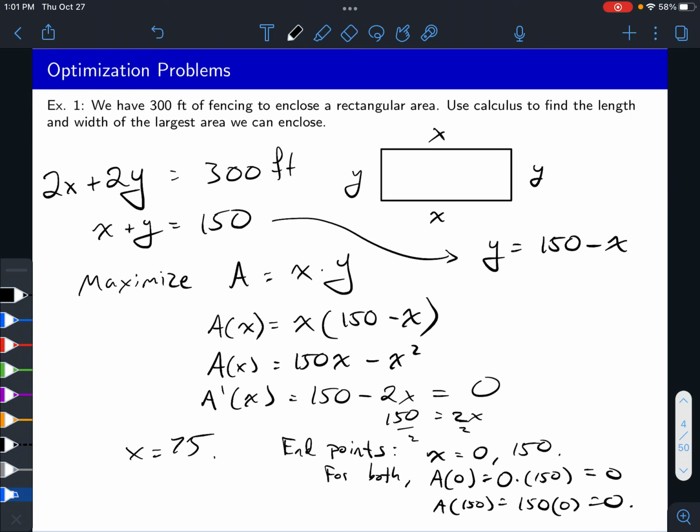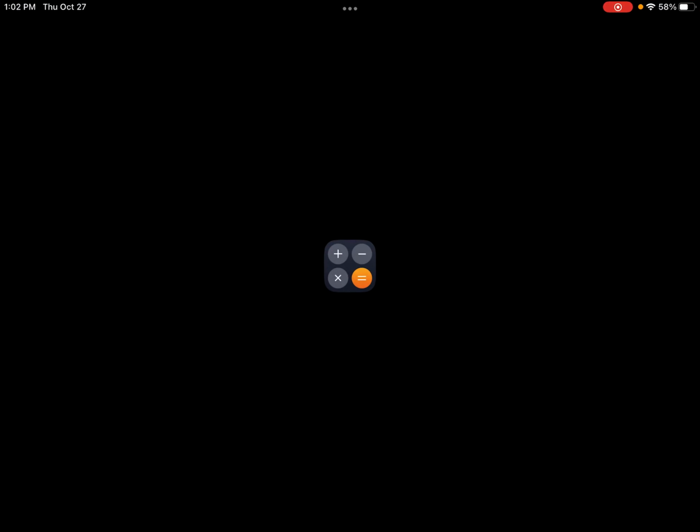Okay, so for both of these, the area is equal to 0, and then the area, if x is equal to 75, would be equal to 75 times 150 minus 75. So this is equal to 75 times 75, or 75 squared. I don't know what 75 squared is. I just kind of want to know.